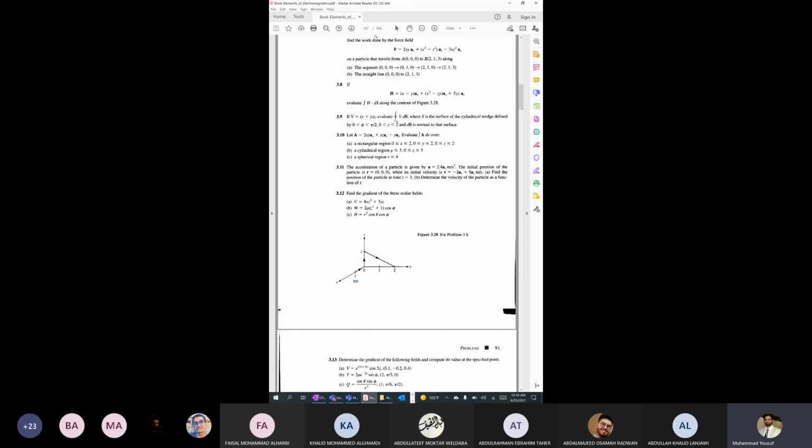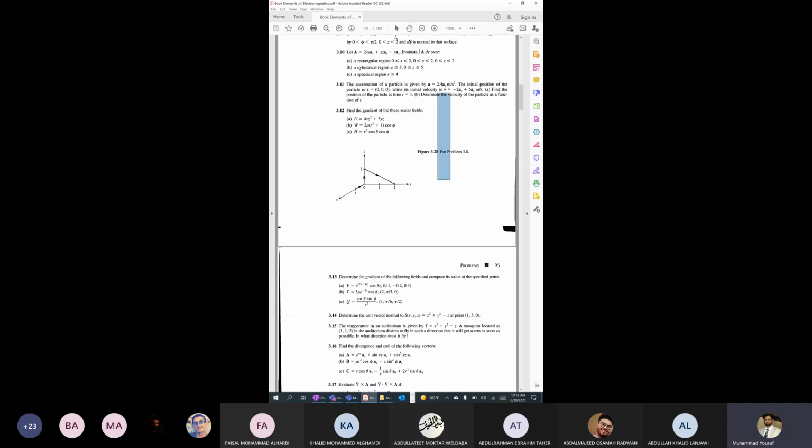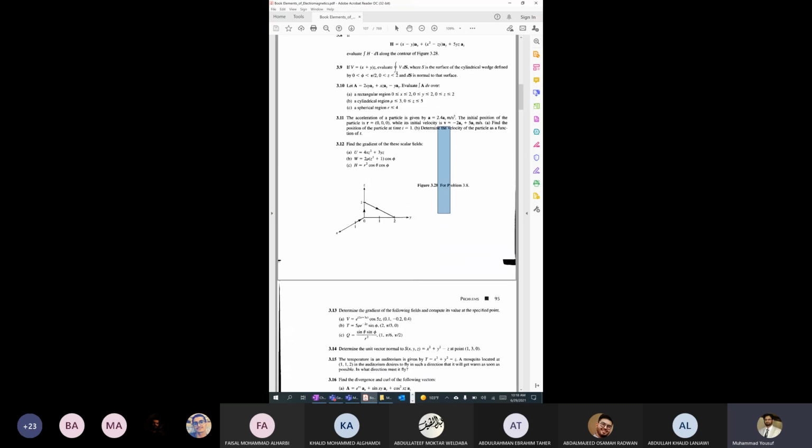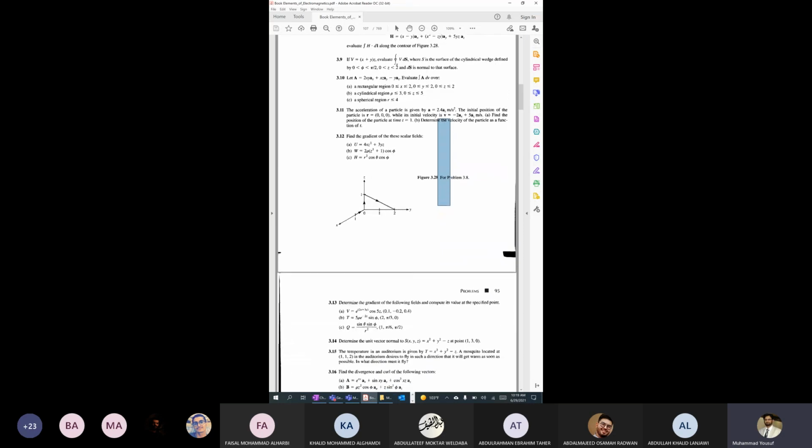So you skip 3.9, 3.10. The acceleration of a particle is given by this vector. If the position of the particle is 0, 0, 0, so vector quantity, find the gradient. So 3.9, 3.10, and 3.11, you can simply ignore them.